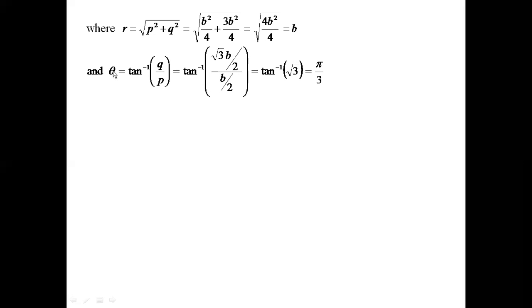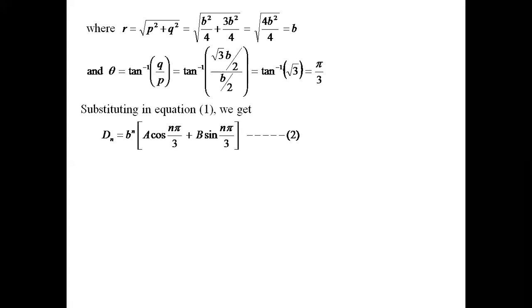So once we have obtained r and theta, we substitute into the general solution, whatever we wrote and called equation 1. We obtain dn equal to r power n, r value is b, so b power n into A cos n theta, n into pi by 3, plus B sin n theta, so n into pi by 3. We have just substituted r and theta value.